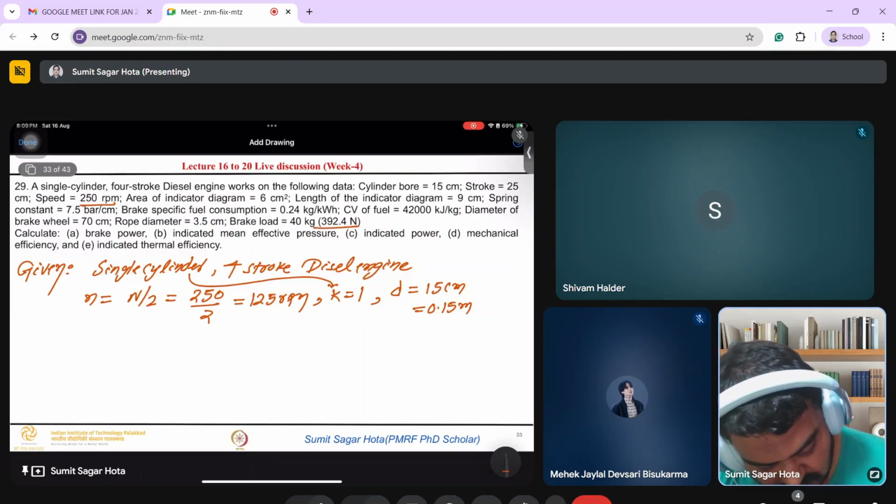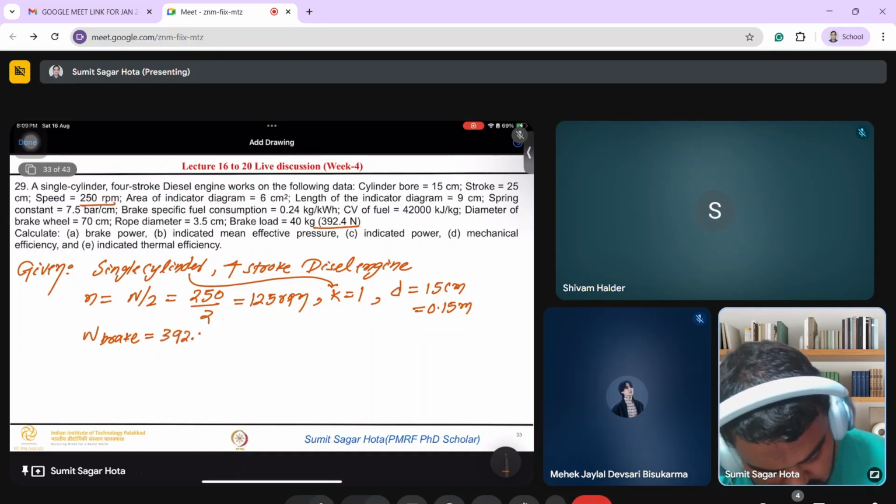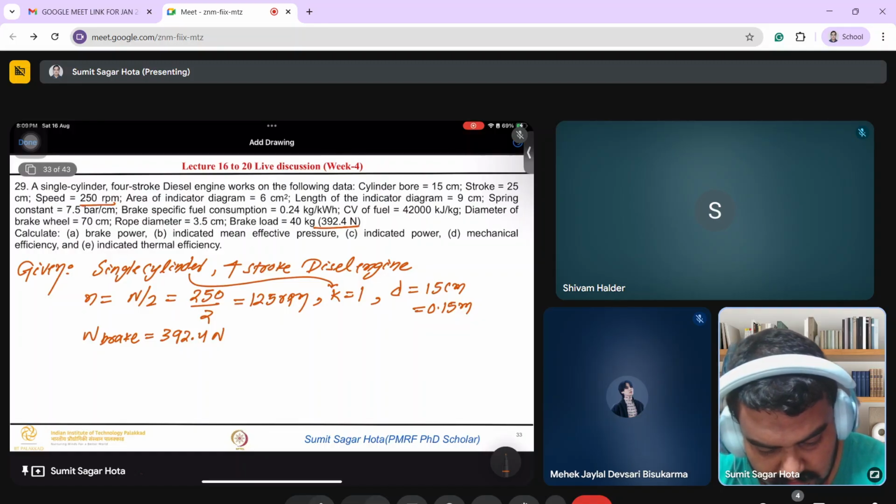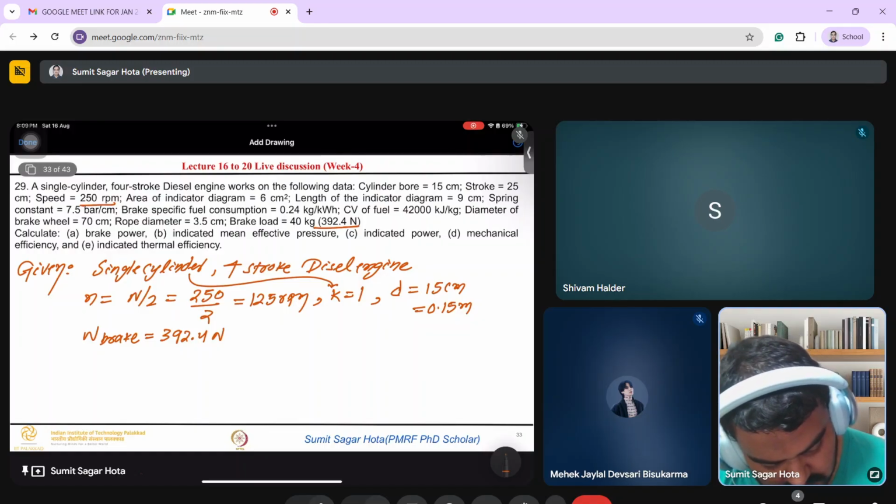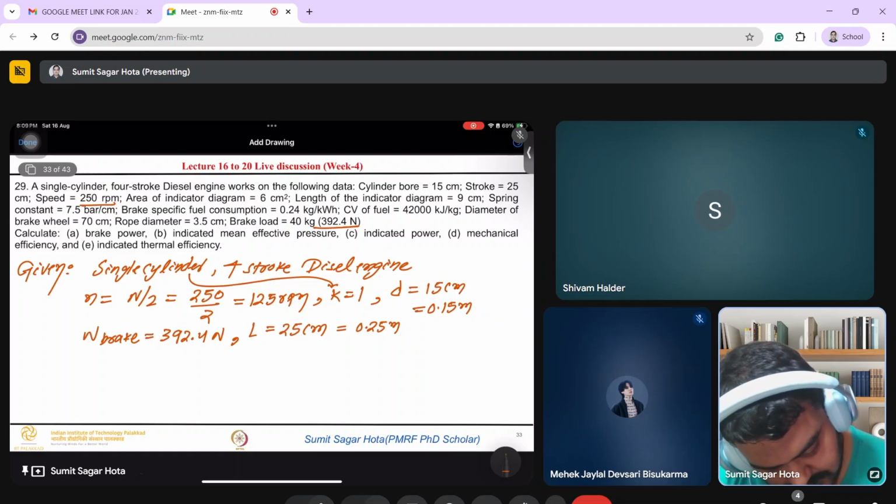This is also a very important term. The brake load, W brake, is 392.4 Newton. Okay, the length of the stroke is given as 25 centimeter, which is 0.25 meter.